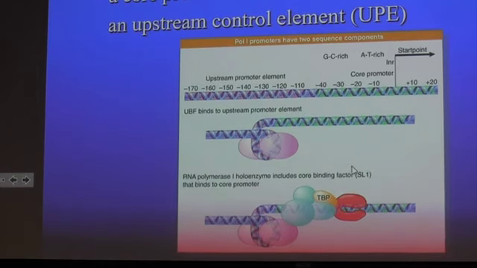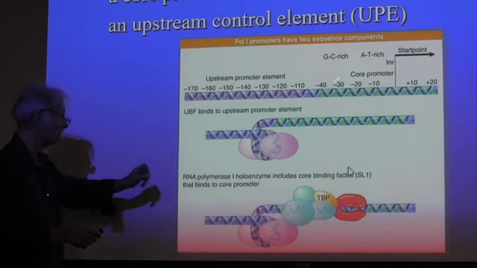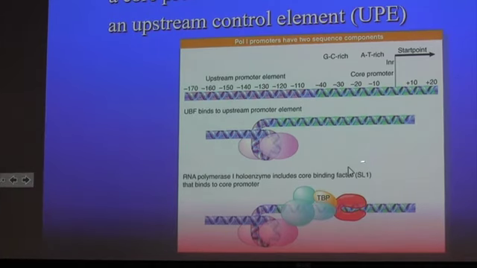On the exam, you're going to need to know the term SL1. SL1 is the basal transcription factor that binds the, I got it. It's been a while since I've seen the slide.